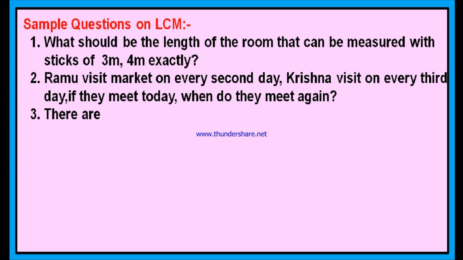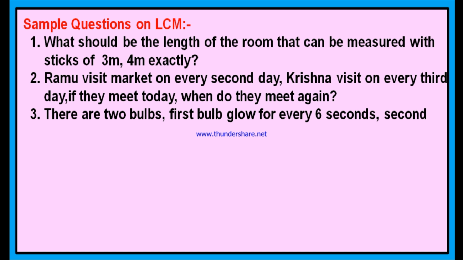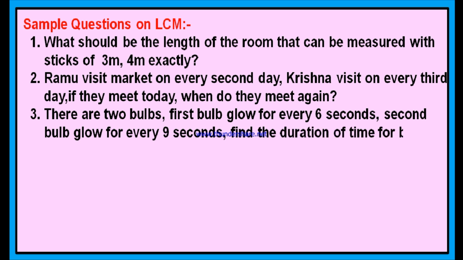Here is the third question. There are 2 bulbs. The first bulb glows every 6 seconds and the second bulb glows every 9 seconds. Then find the duration of time for both the bulbs to glow at once. Now to solve this question also, we need the concept of LCM.